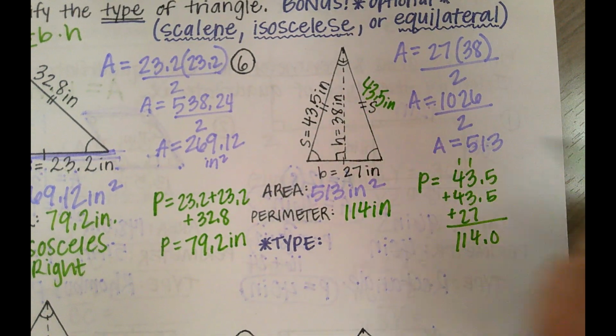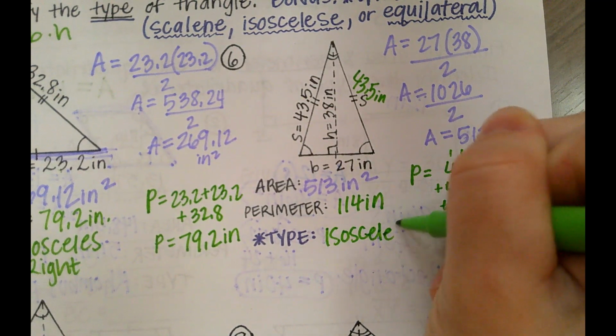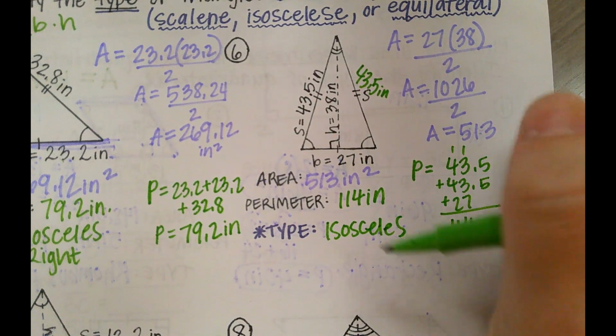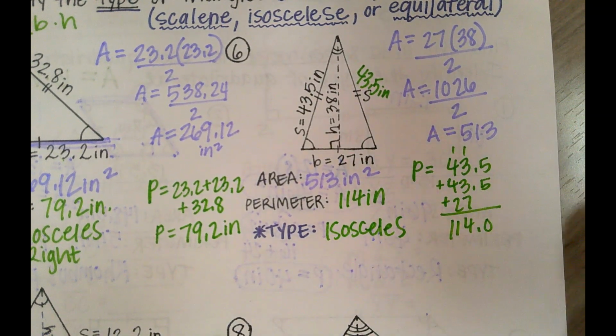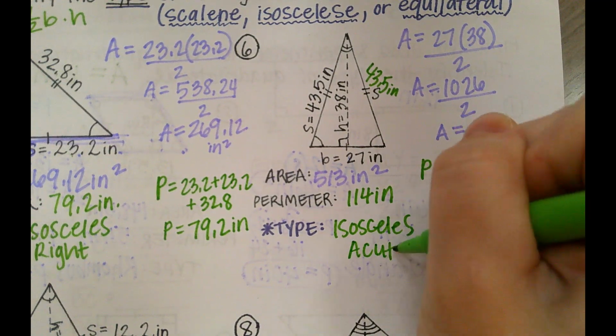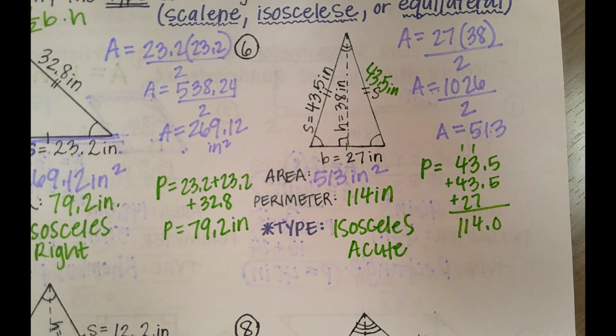And it is another isosceles. Now, if you wanted to take it a step further, would this be acute, right, or obtuse? Acute. Good. Yes, all of the angles are under 90 degrees.